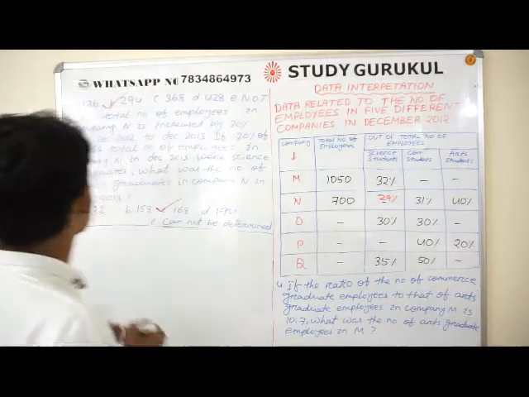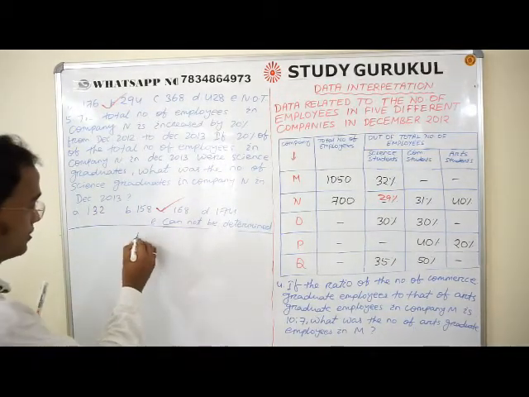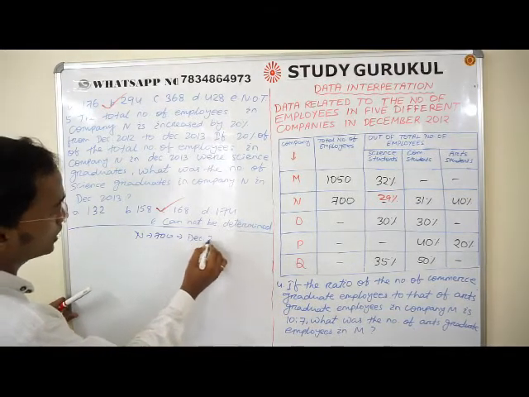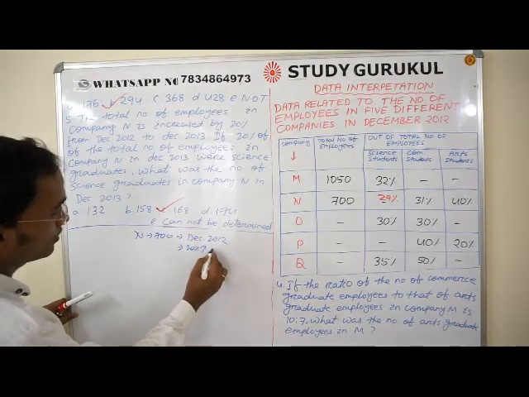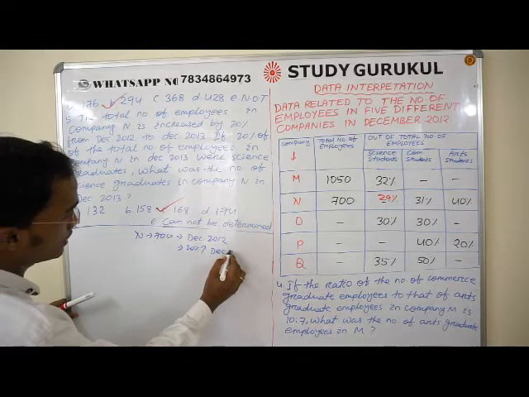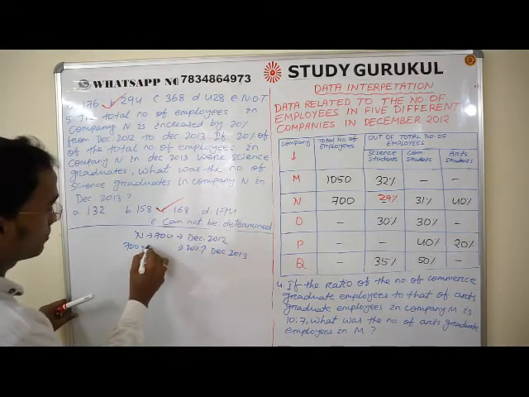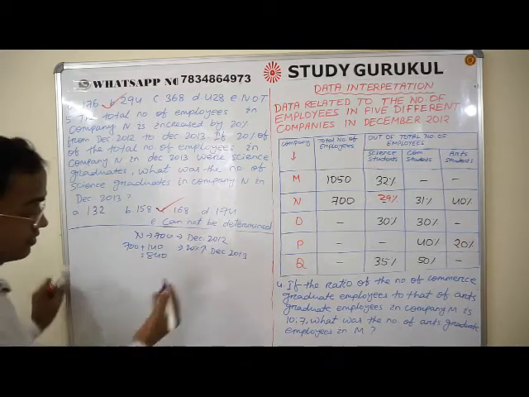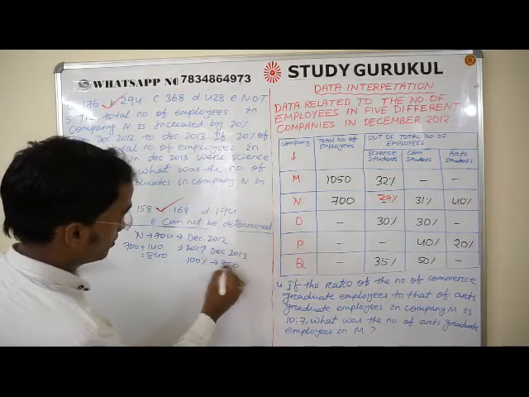So see, N, total number of employees 700, in December 2012, and 20% increase to December 2013. So it becomes 700 plus 20%, 140, which equals 840.